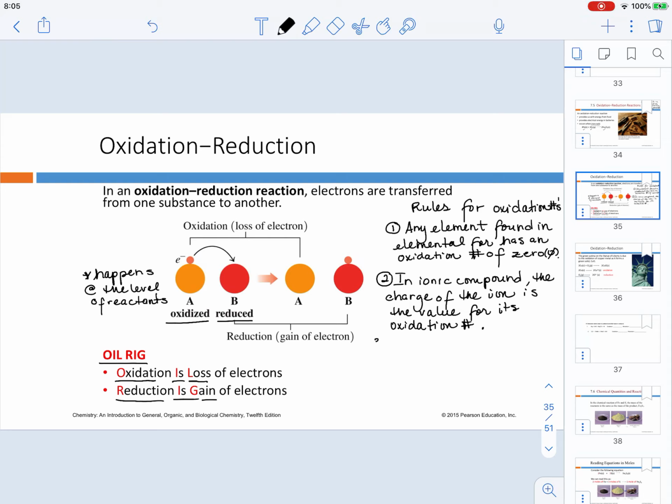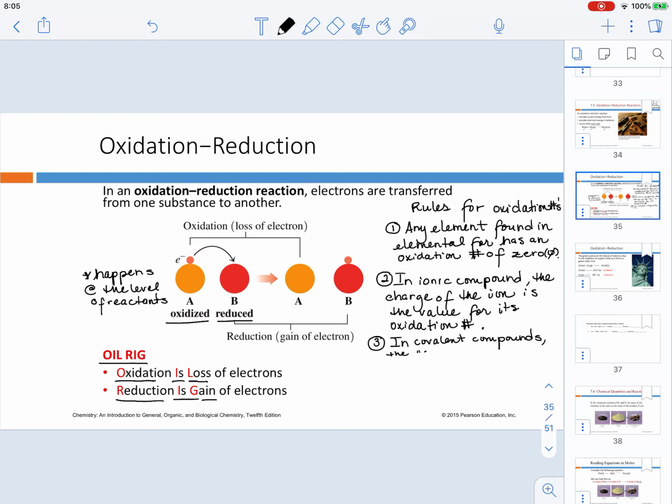And lastly, covalent compounds are going to be a little bit more complex. In covalent compounds, there are several rules that we need to take into account. Remember, covalent compounds share electrons. We do not have ions forming. So, in covalent compounds, this is the way that we visualize them.